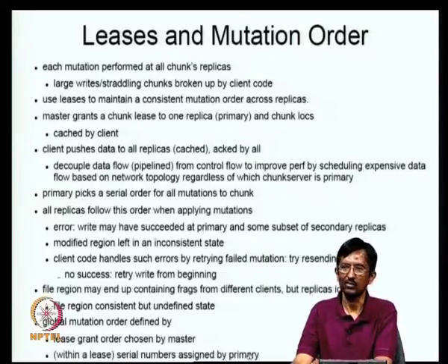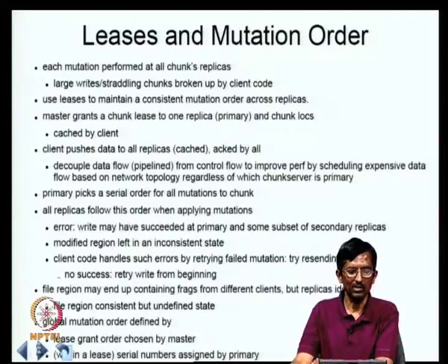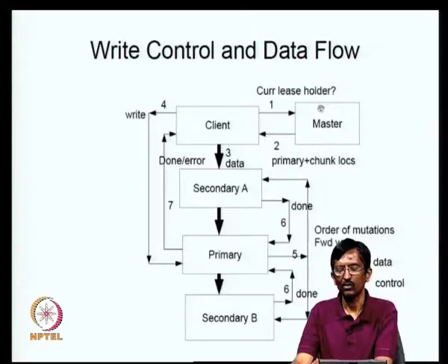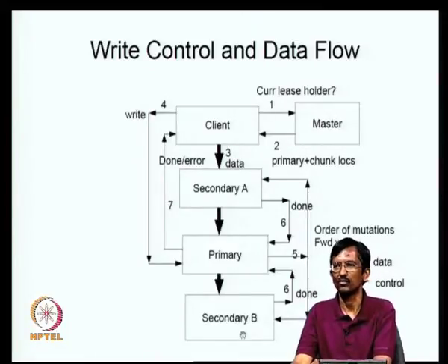So, if you have multiple concurrent writes, the way the master gives the lease decides who gets started, and then within the lease the primary orders the various mutations, and that same order is followed by all the secondaries. So, there are two levels at which order is controlled.